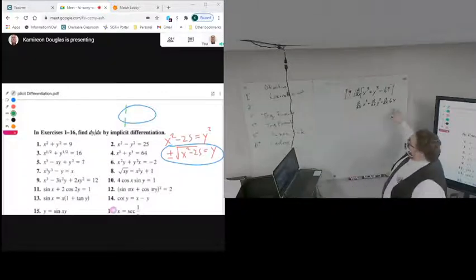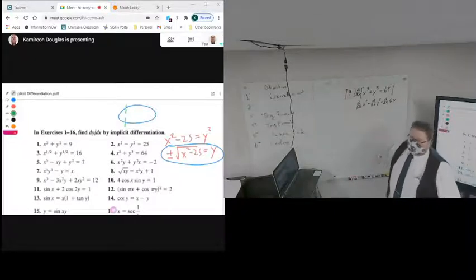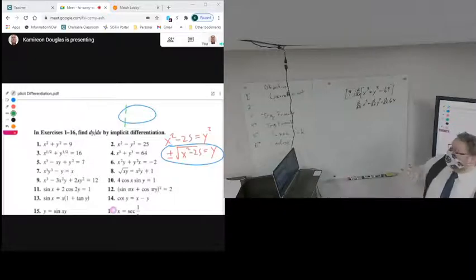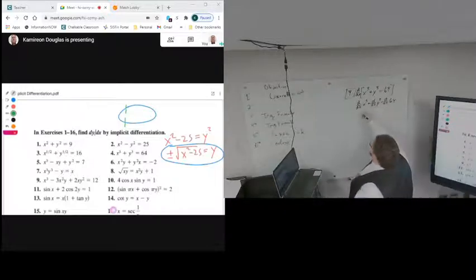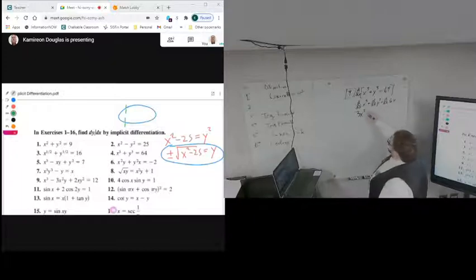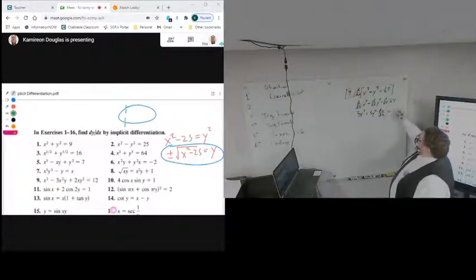So what this is asking is, how is the thing changing with respect to x? X cubed is changing with 3x squared. Y cubed is changing with 3y squared times dy dx. 64 is not changing at all, which is why it is a 0.